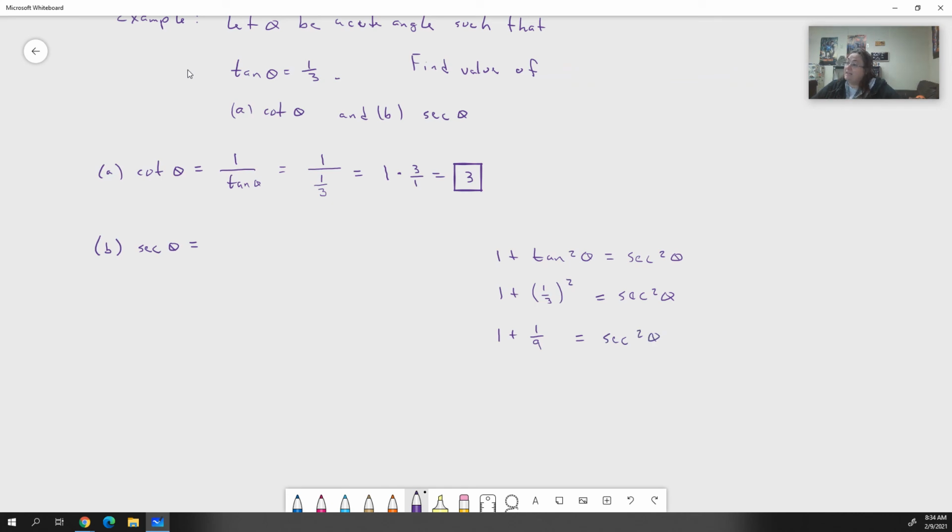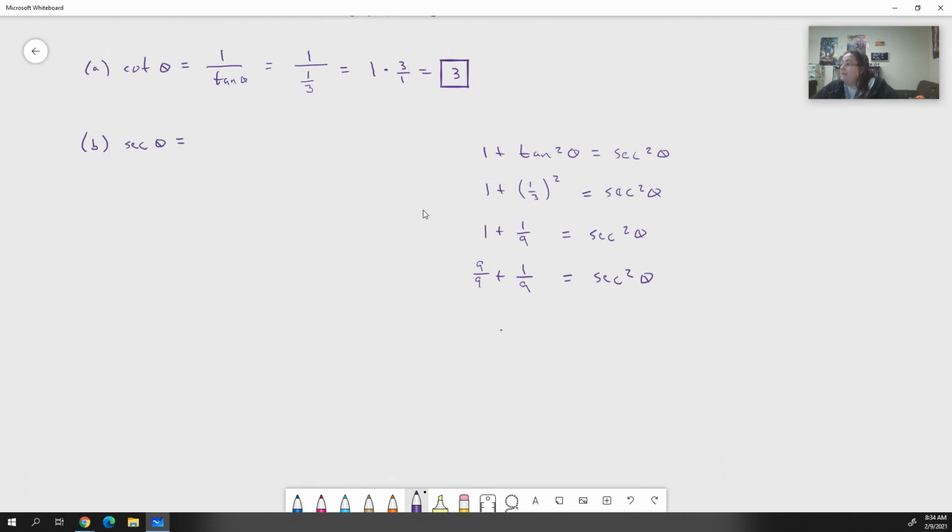Well, that's like saying 9/9 plus 1/9 equals secant squared theta. We have to find our common denominators. And so I'm going to get 10/9 equals secant squared of theta.